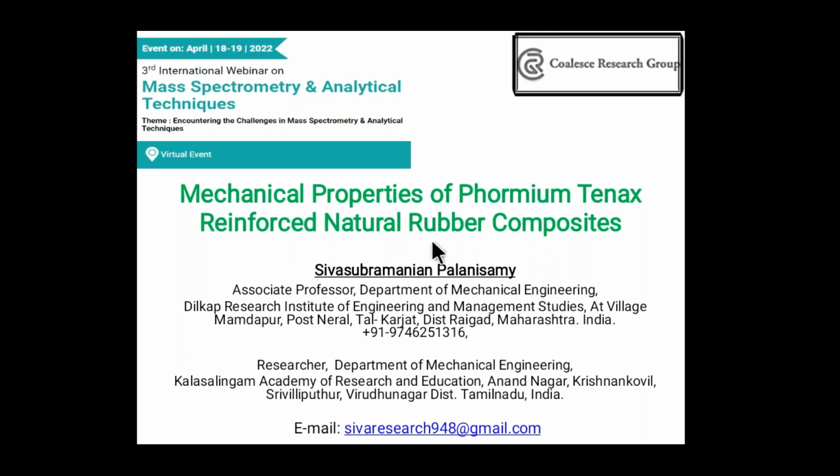You know that especially in Kerala, especially in Kottayam, natural rubber is widely available. I was working over there, so that's why I chose natural rubber as the matrix, reinforcing it with the chromium 10X fiber.